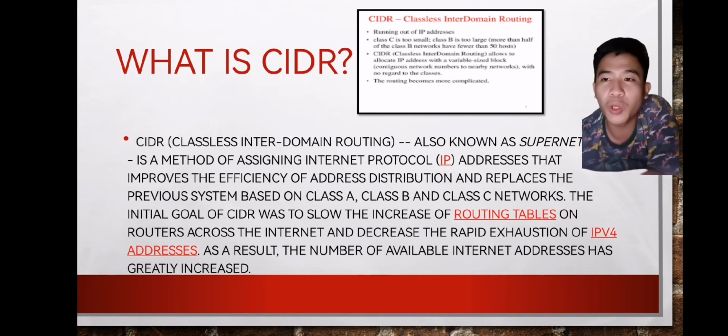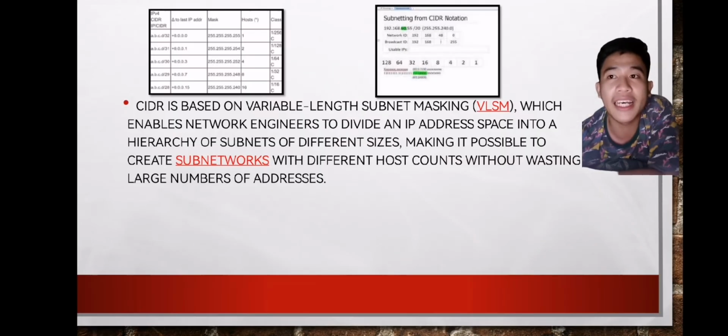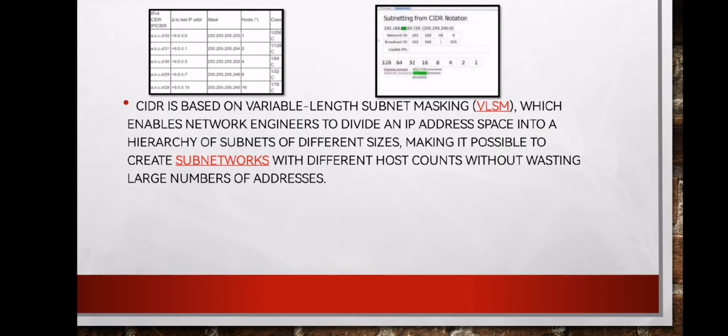The initial goal of CIDR was to slow the increase of routing tables on routers across the internet and decrease the rapid exhaustion of IP version 4 addresses. As a result, the number of available internet addresses has greatly increased by CIDR.